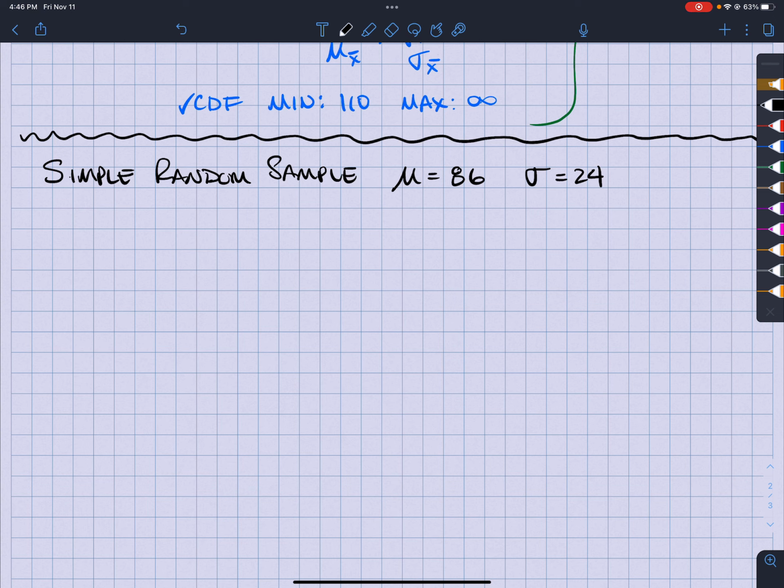And we have an n equal to 64. There we go.